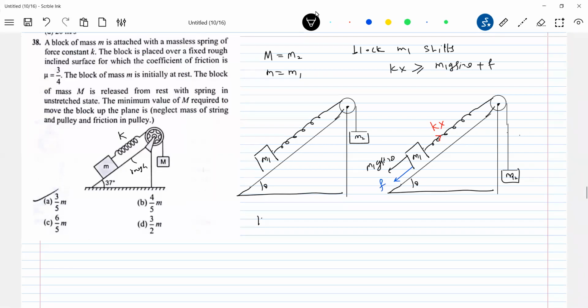It is asking minimum, no? So I'll go for the equal condition. Let me equate. So this is equal to mu M1g cos theta. We know sine theta, cos theta, and we know mu also. Let me directly get that value.